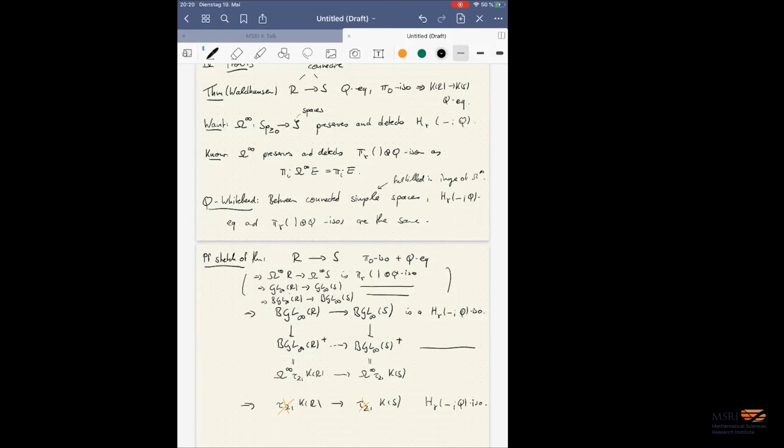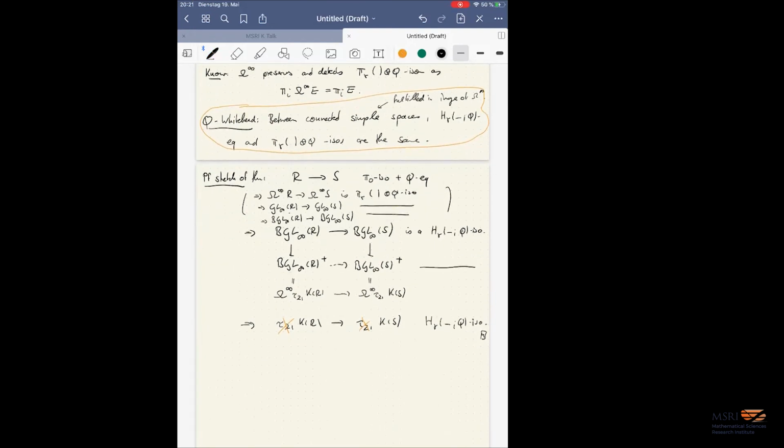You see that at a crucial moment, we use this ingredient, the rational Whitehead theorem, which is a result in classical algebraic topology. If you want, you can say unstable homotopy theory. It's really a result about spaces, not about spectra, and so there's really a difference.